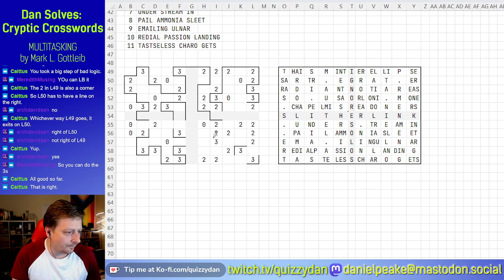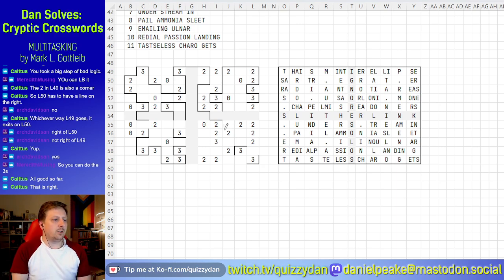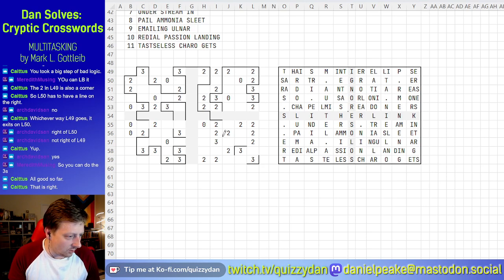So we know there isn't one there, so we know there's either one here or here. Whatever it means is if it goes here or here. So if it goes here, then it would have to go either here or here. If it goes here, then it would also have to go here or here. We know we've definitely got at least one of these two that is going to be used.